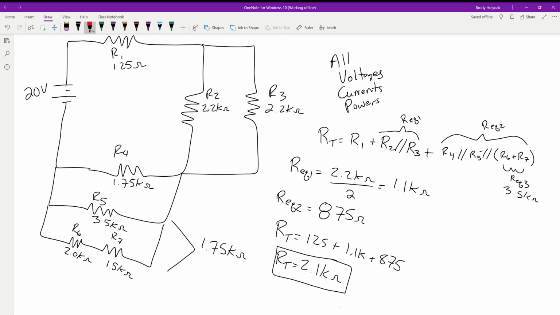So for voltages, remember a series circuit is when we can use voltage divider. Now we have this broken up into three individual resistors, the 1.1, the 875, and our 125. So we can find the voltage of R1 by taking the value of this resistor divided by the total and multiplied by our total voltage.